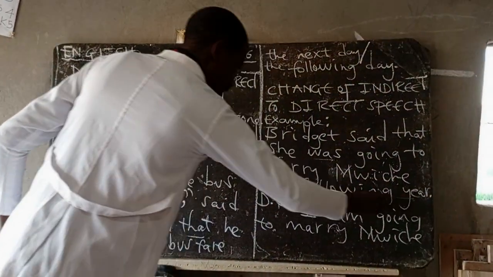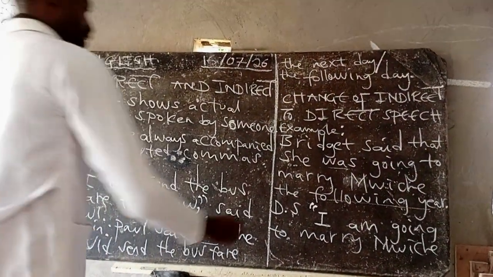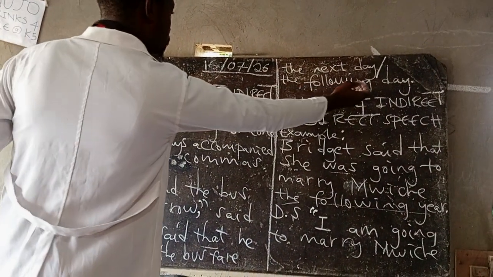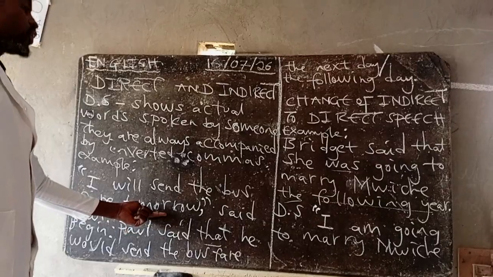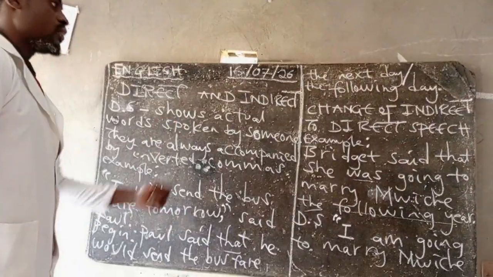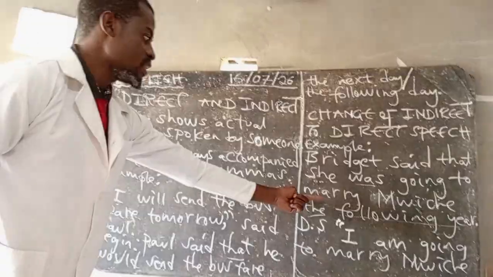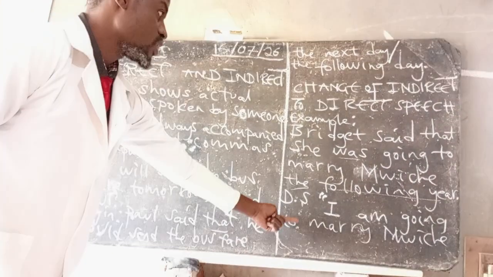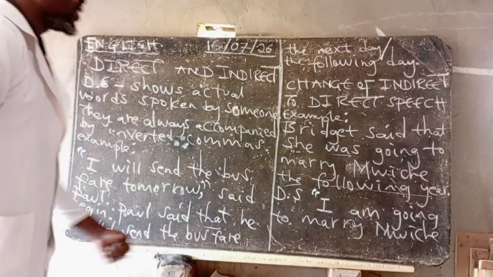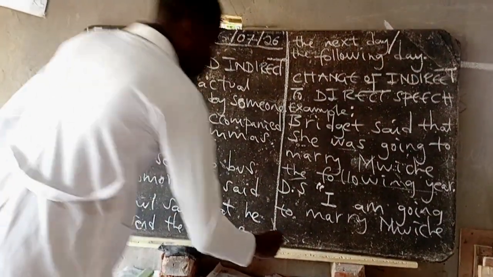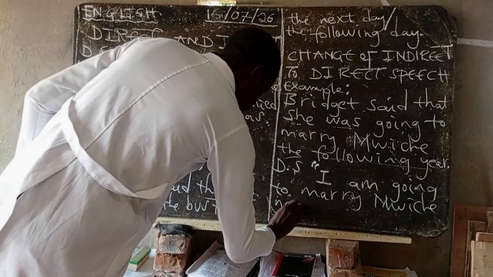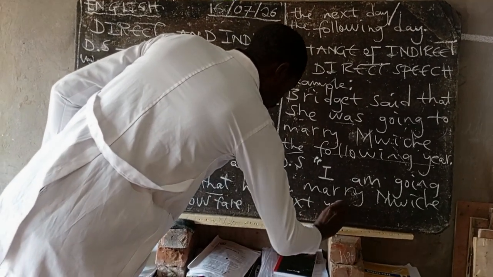Now look at this. The following year looks similar to which one? This one was the following day, which changed from tomorrow. So since this is indirect speech, in the direct speech the following year will be next year. I'm going to marry Muiche next year.